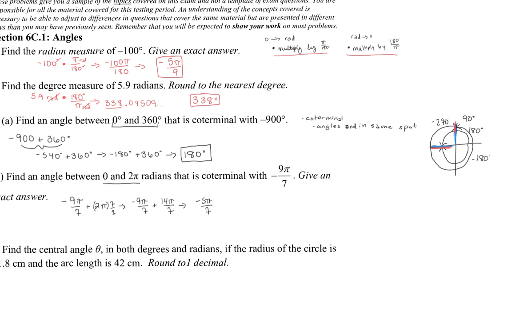So it doesn't quite fit into our range yet. Or actually, my bad. That's actually a positive 5 pi over 7. Which does fit in the range. So that is our answer.